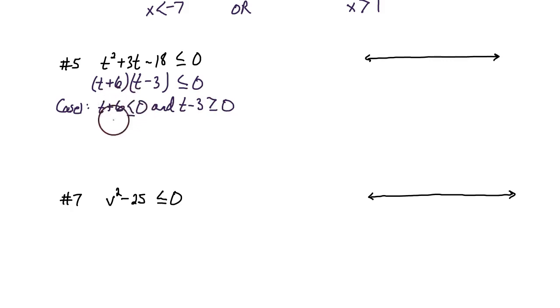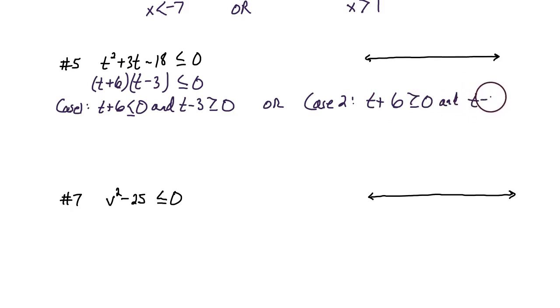We're saying that it's the first one that's the negative and the other one that's the positive. Or, now let's create case number 2. The first expression might be greater than or equal to 0, and the second expression might be the one that's less than or equal to 0.